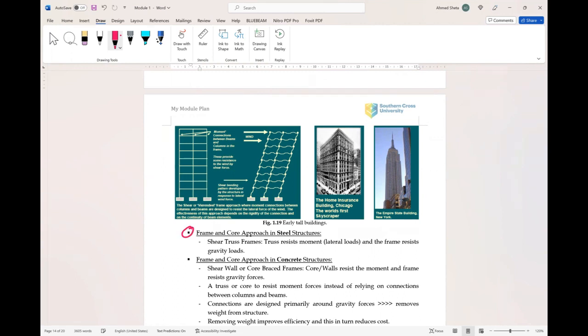There is the same concept in steel and concrete structure, which is called the frame and core approach. In a steel structure, the shear truss frames, the trusses resist the moment from lateral load. The frame resists the gravity load.